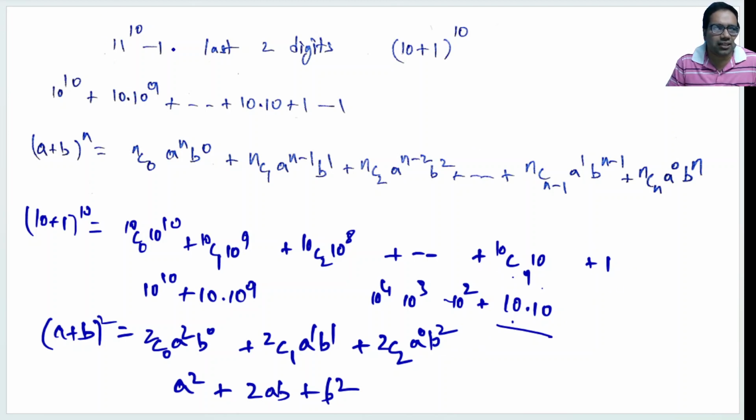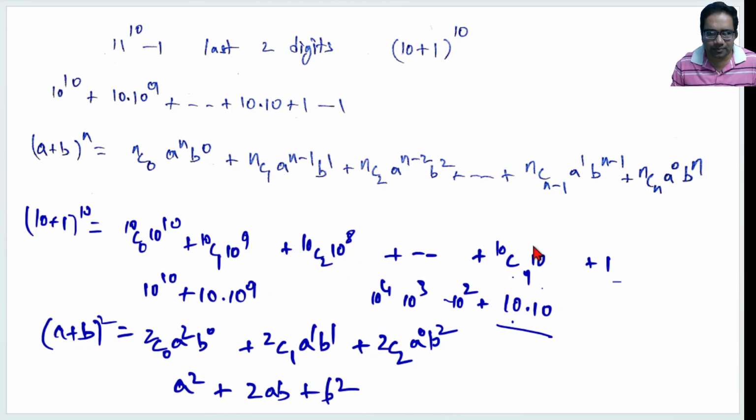So this entire term minus 1 will always have its last two digits as zeros, because the one extra is what we are removing here. The first term has at least 10 zeros, the second term has 9 zeros or more, and so on.